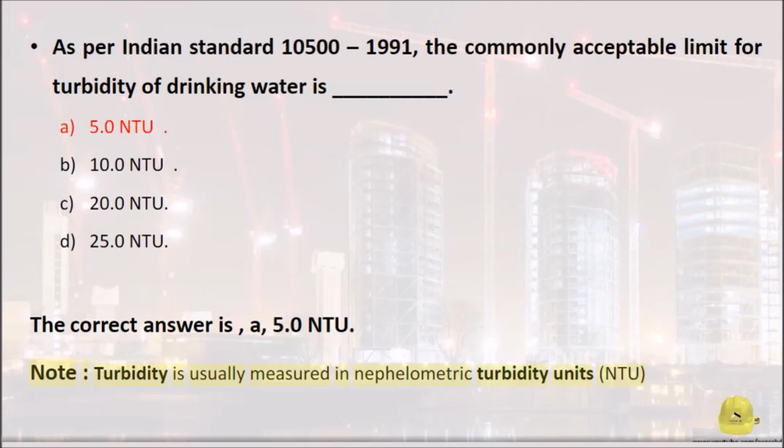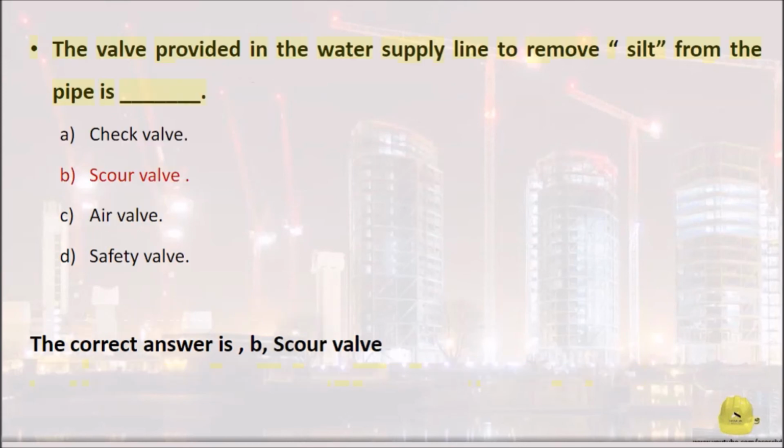Note: turbidity is usually measured in nephelometric turbidity units, NTU. The valve provided in the water supply line to remove silt from the pipe is: A. Check valve, B. Scour valve, C. Air valve, D. Safety valve. The correct answer is B. Scour valve.